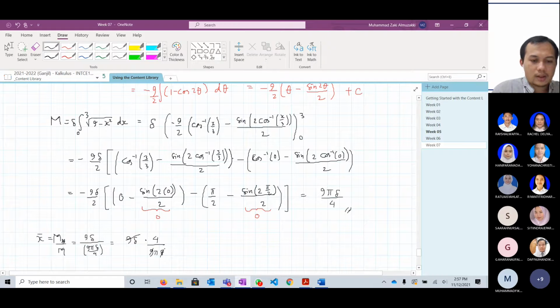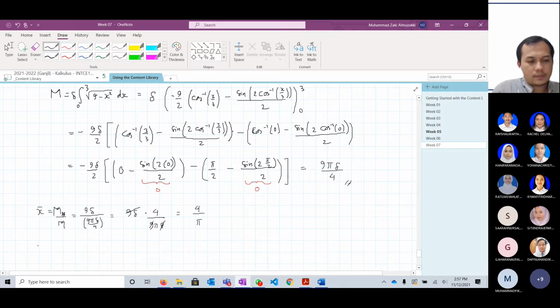So we can cancel the 9 delta, and x bar is 4 over pi. And y bar is also, since My divided by m is 9 delta divided by 9 pi delta over 4, 4 over pi.